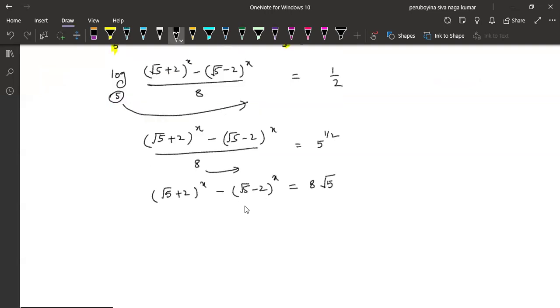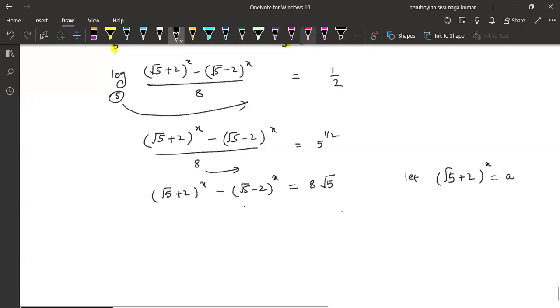Now we can see, let us consider (root 5 plus 2) whole power x as a, equal to a. Try to rationalize this root 5 plus 2.